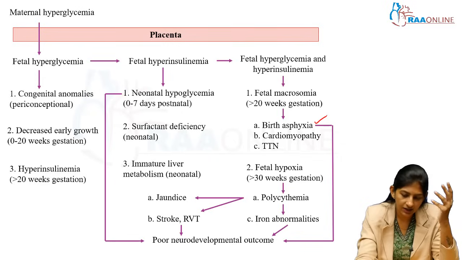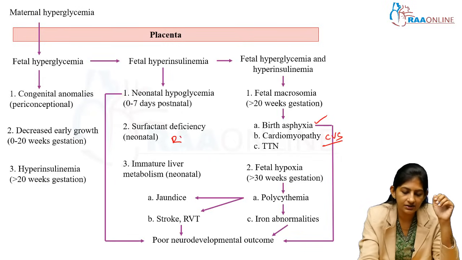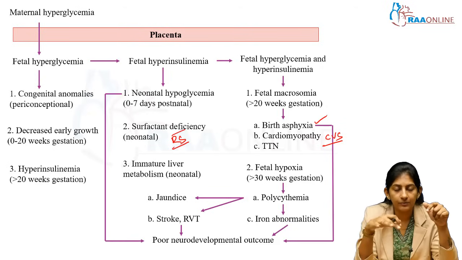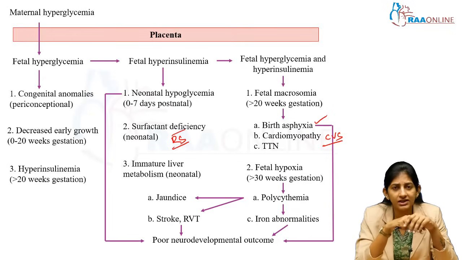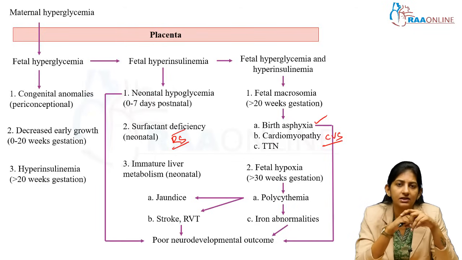But for now, you can just remember in CVS, there is cardiomyopathy. In the respiratory system, there is RDS. RDS is predominantly because the excessive insulin levels and the hypoglycemia itself will prevent or degrade the surfactant. So there will be a relative surfactant deficiency in these babies, even though they are born at term.